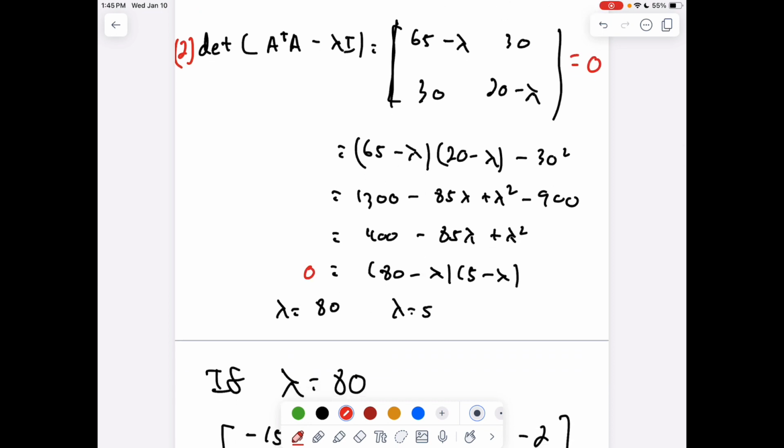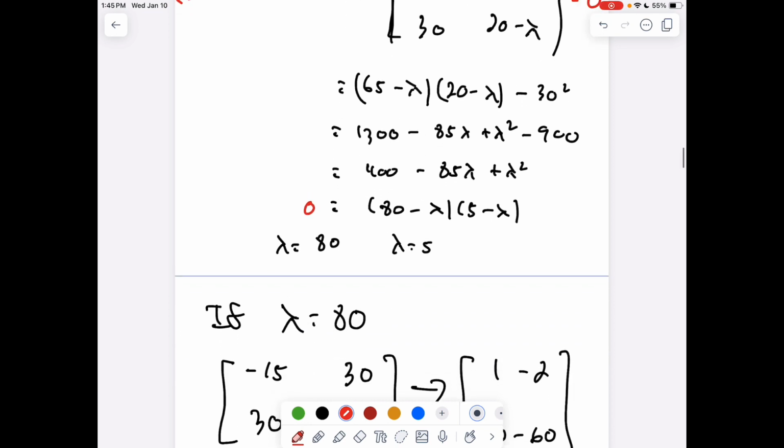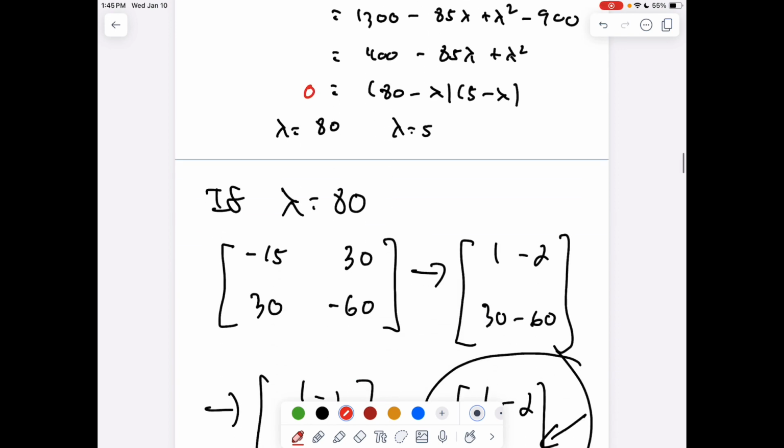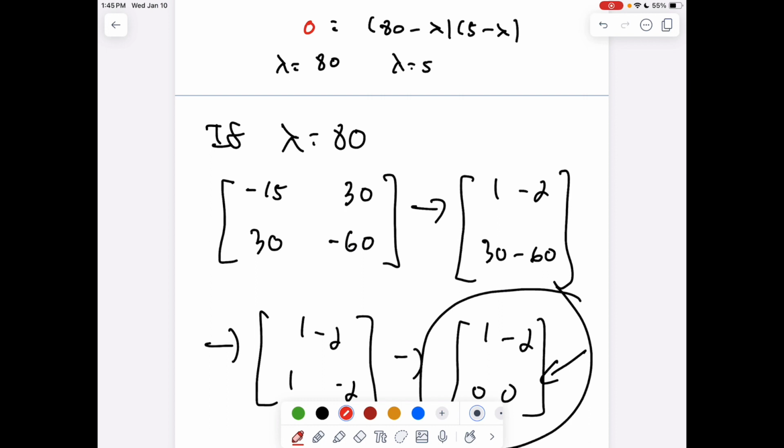At the end of the day, you're going to have lambda equals 80 and lambda equals 5. Typically the equation can get complicated, usually a quadratic or a cubic, so be prepared for that. It might take you a couple of minutes to factor and solve.